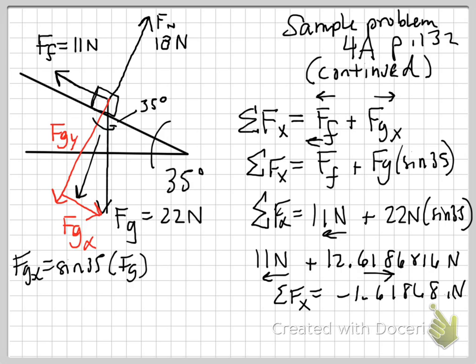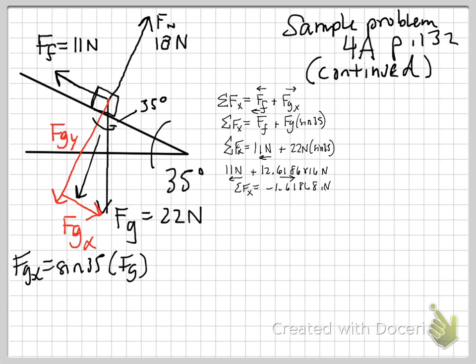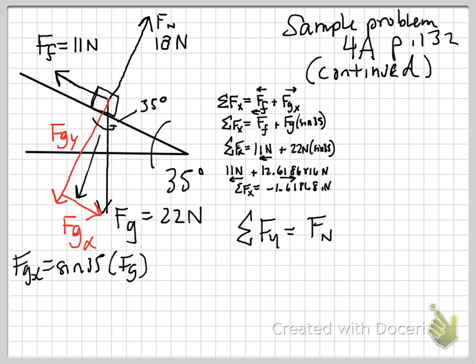Well, now we need to do sum of forces on the y, though in a very real way, that should be fairly obvious to you. Let's shrink all of that. So when we are doing our sum of forces on the y-axis, the two forces that we have are what? Well, we have our normal force, which is up, and our force of gravity on the y, which is of course down.